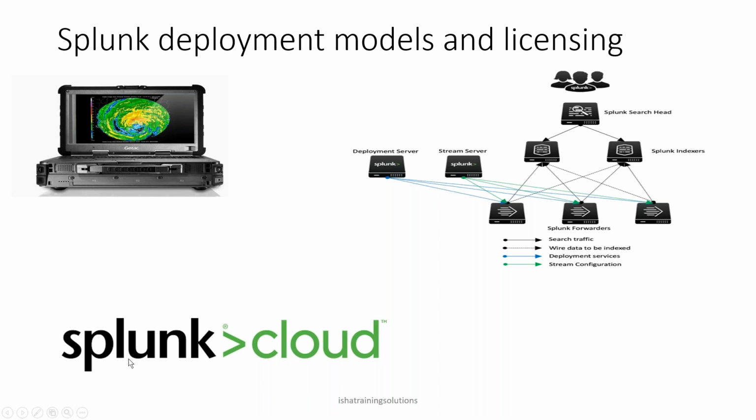There is one more model called Splunk Cloud, where Splunk itself provides a 15 day trial access to the SaaS application. Normally if you have an email ID, you can register and you will get a 15 day trial license, like AppDynamics. After 15 days, the license will be revoked.